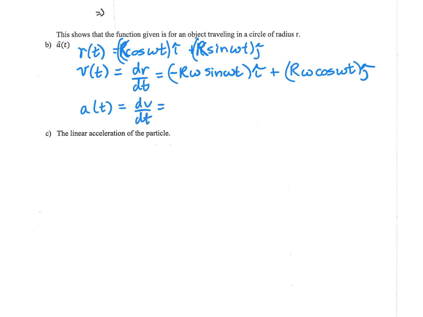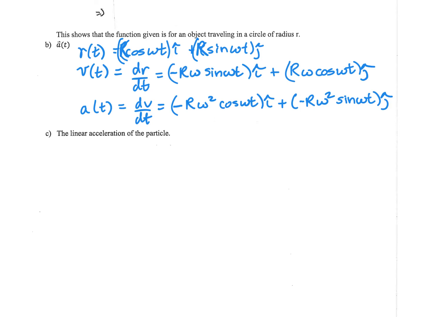So again, that's going to be negative r omega squared cosine omega t in the i hat direction plus negative r omega squared sine omega t in the j hat direction. I'm just taking the derivative of both of them, okay? So there's my acceleration.